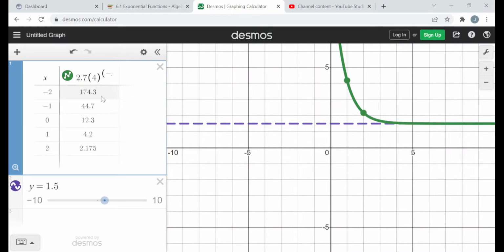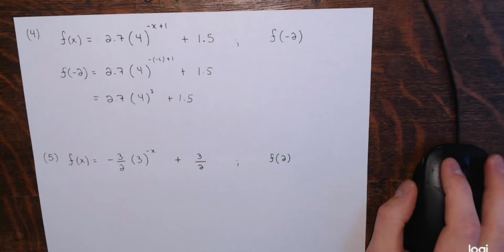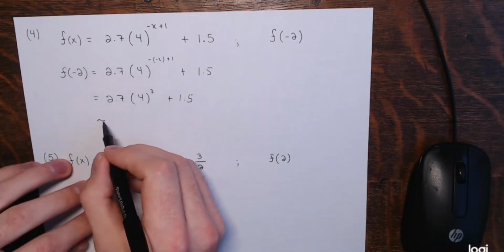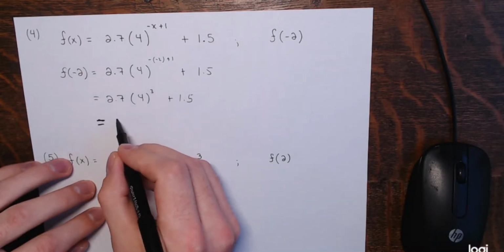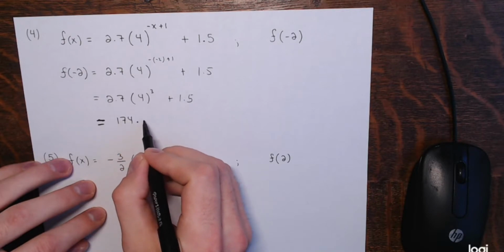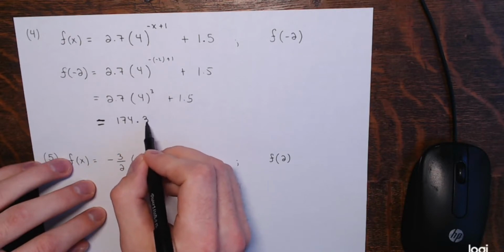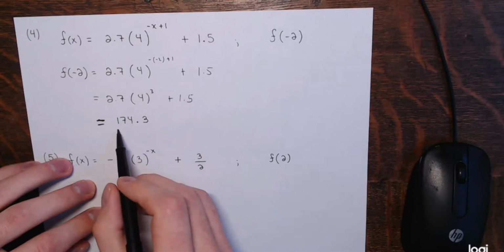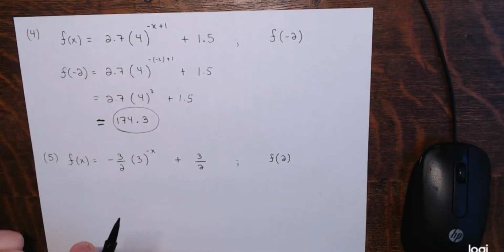So 174.3, and no need to round to 4 decimal places there. It's going to be just that tenths spot. So this is equal to 174.3. There you go, when the input is -2.